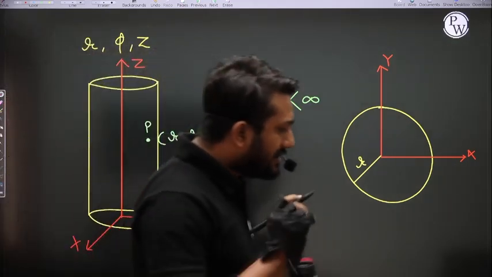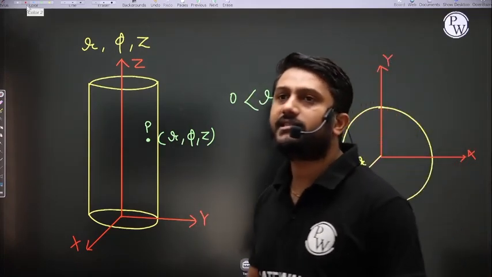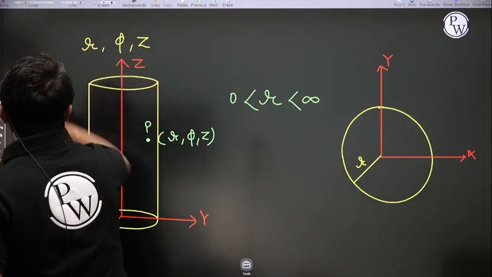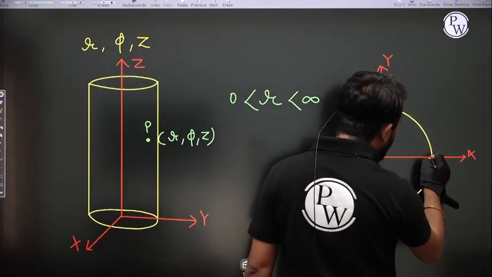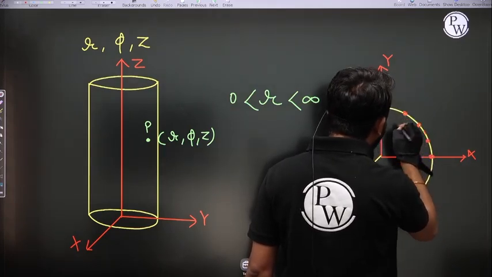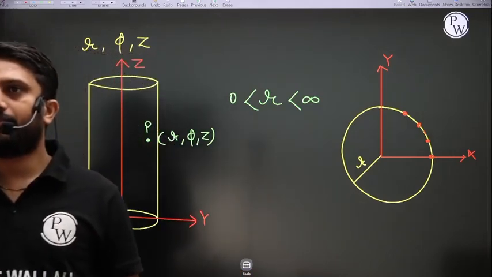So the second parameter which is required is the phi. That means on a circumference, that point may be anywhere.